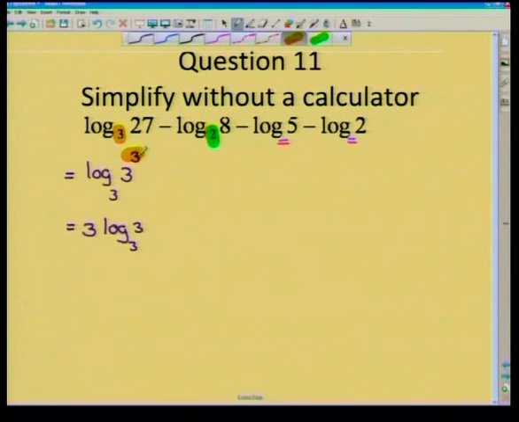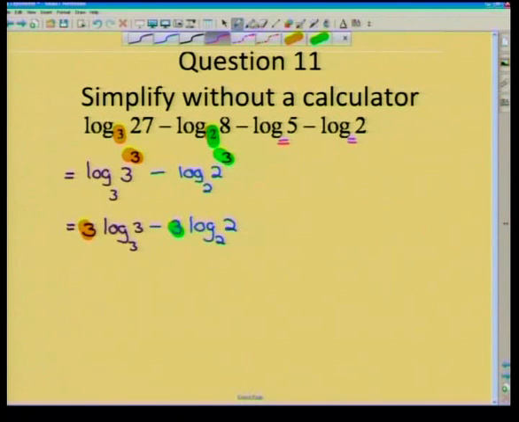Just to make it more obvious, that 3 has gone in front there. The others have stayed exactly where they were. Now the same can happen here. This is log to the base 2, and 8 is the same as saying 2 cubed. This 3 can come in front here. So we can say minus 3 log to the base 2 of 2.